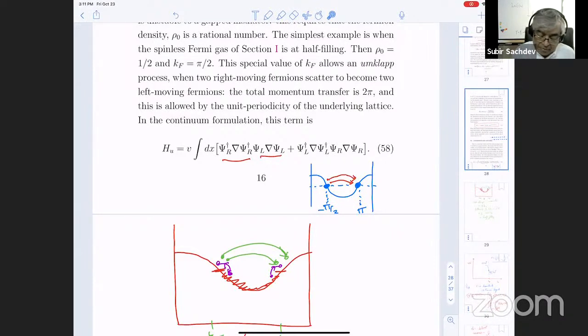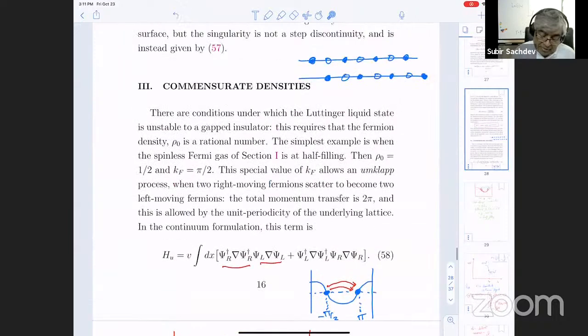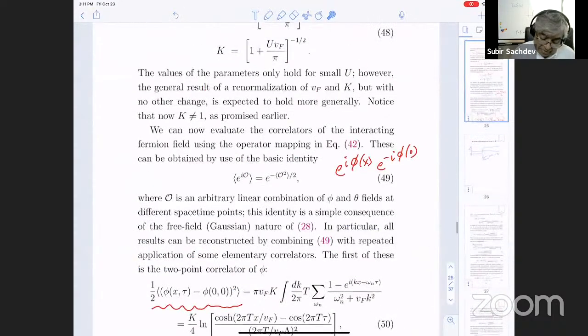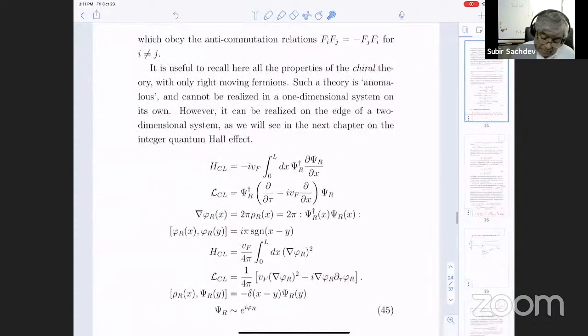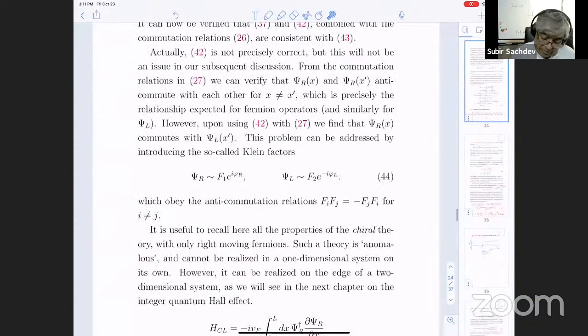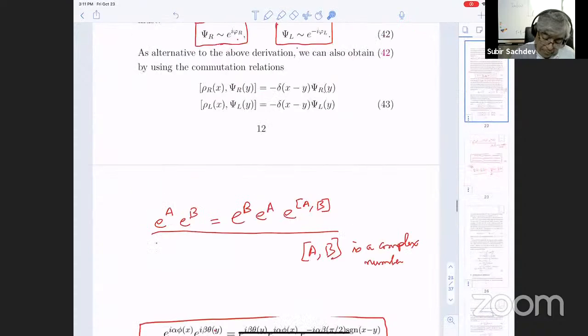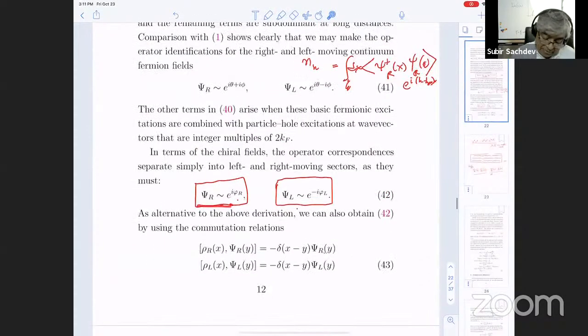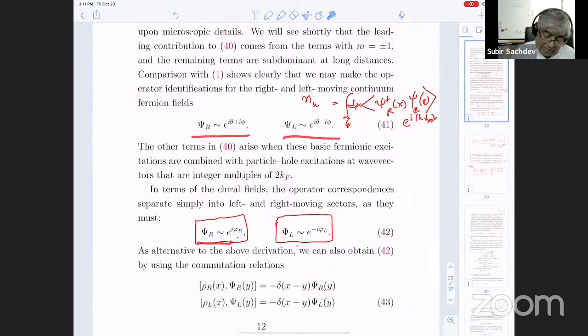But now this term, if you take this expression for theta and psi L and psi R, these ones here. If you take these two expressions, psi R dagger psi L is equal to e to the 2i phi.